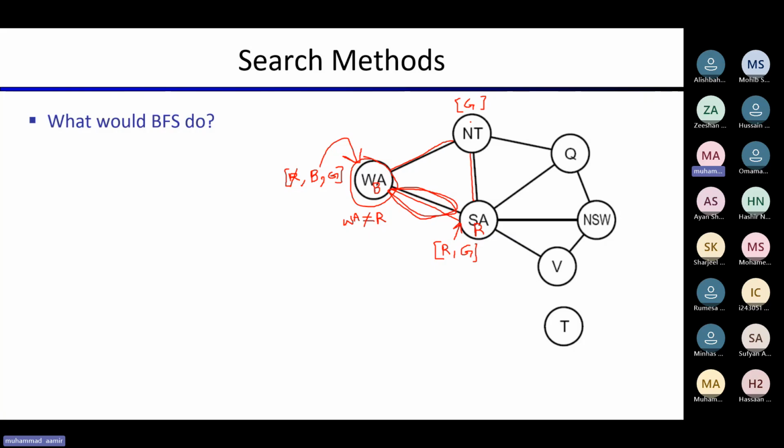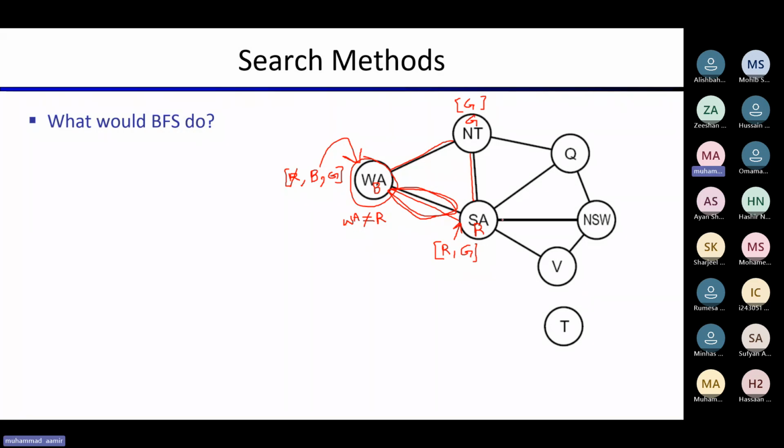So we have only one value in the domain, green, and if there is any unary constraint, we need to check that. Let's say the unary constraint is that Northern Territory cannot have green, which means there is no value available to assign. If there is no unary constraint, we can assign green to the Northern Territory. So let's say we assign green to the Northern Territory.